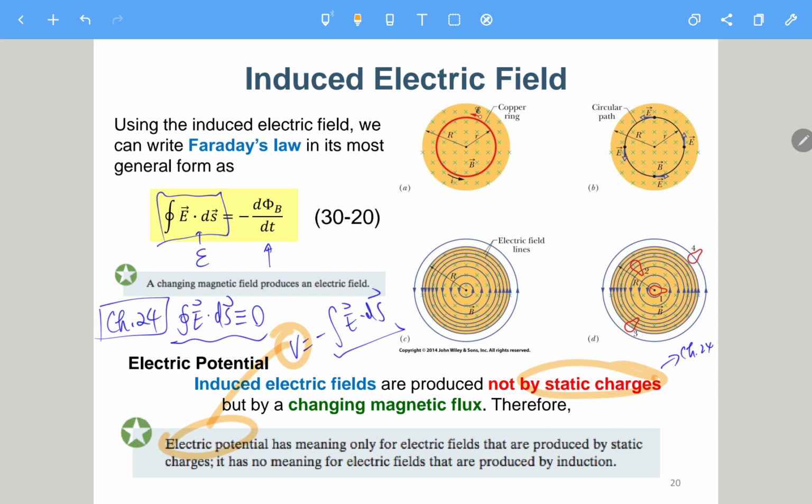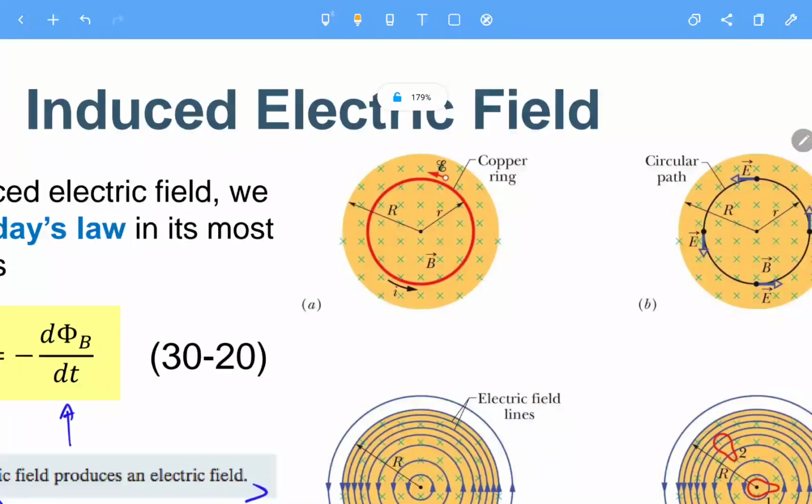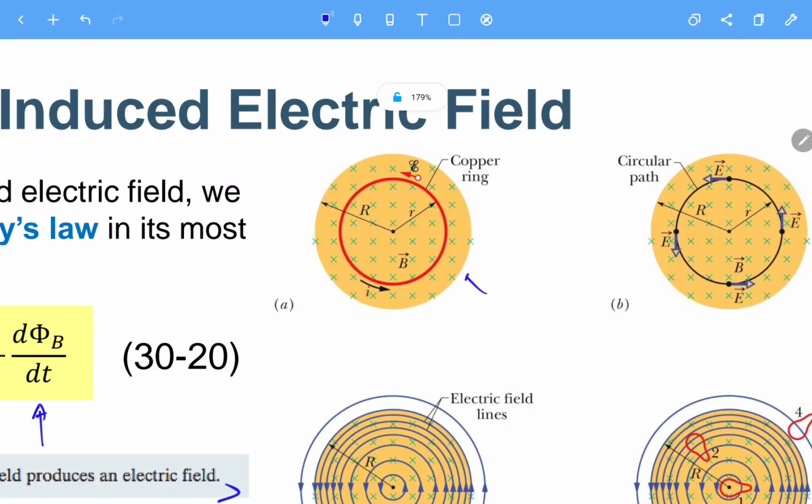Here we can see on the right side we have four small figures. This orange circle means that within this region we have a uniform B field pointing into the page.